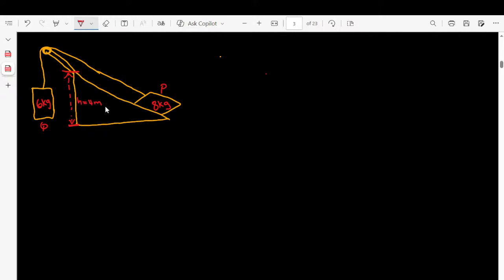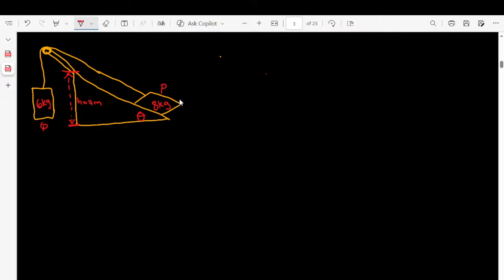I hope everyone can see that. It's equal to 4 meters. Yes, I will definitely start with a free body diagram. This angle here is theta.